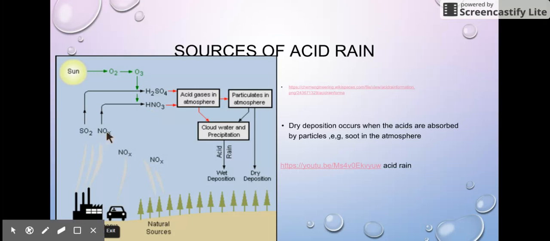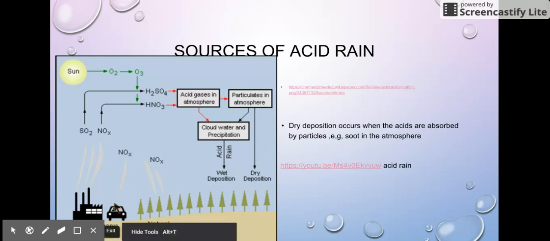In the same way, oxides of nitrogen can react with ozone in the atmosphere and produce nitric acid, and that will produce acidic deposits in the rain clouds, or it can attach itself onto the soot particles in the atmosphere. Then the soot and the rain come down as precipitates, as wet deposits, or sometimes the soot just lands and accumulates, like crystals of acid coming down to burn.